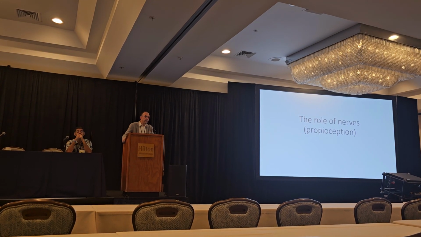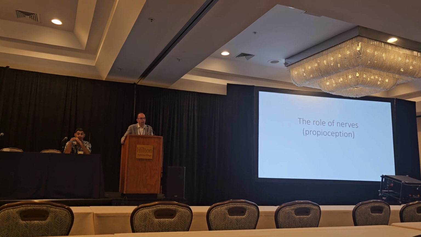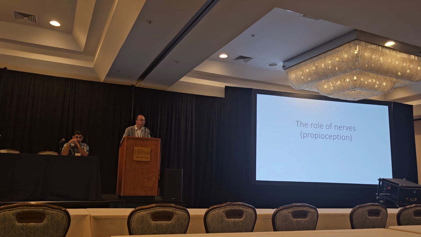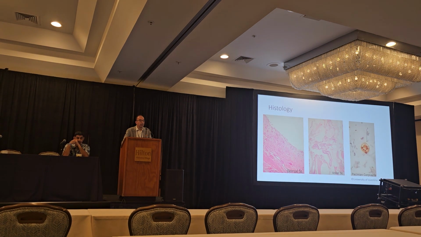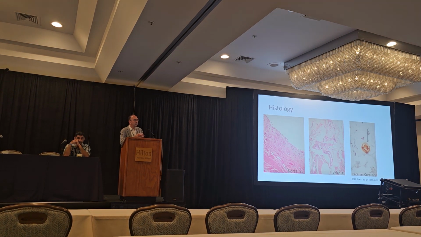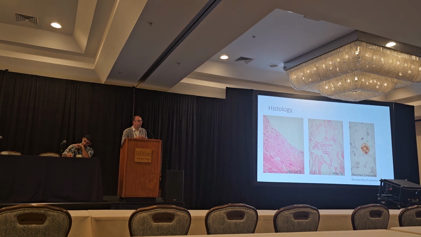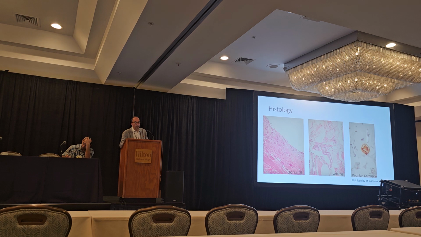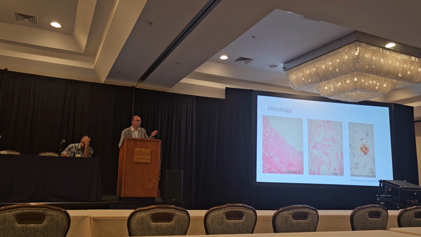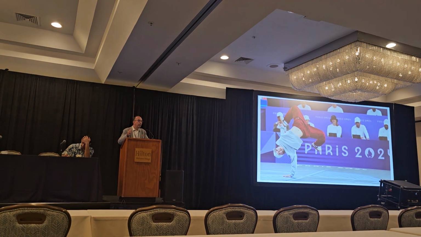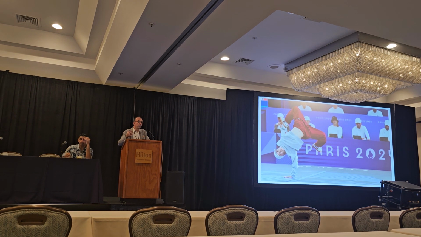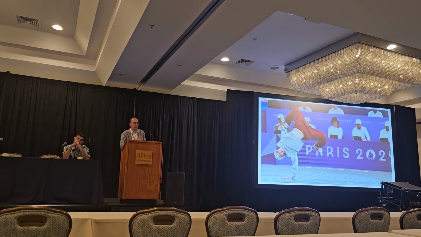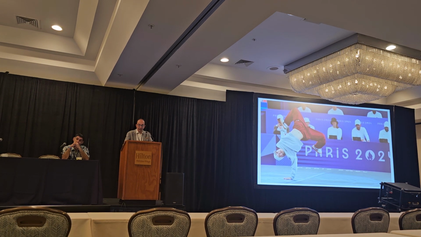What Marc Garcia-Elias from Spain taught us, and I think it's very important, is that there's a role of the nerves in these injuries. The ligaments are not cables. They have mechanoreceptors in them, which actually give them information about the joint, and this is why one can support the full body weight on a ligament that actually has 20 or 30 kilograms of strength in itself.